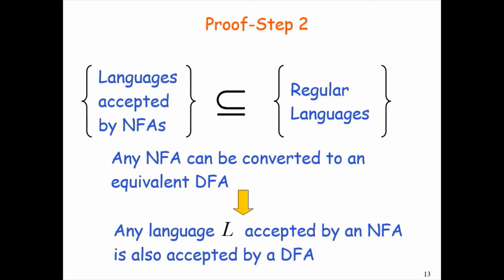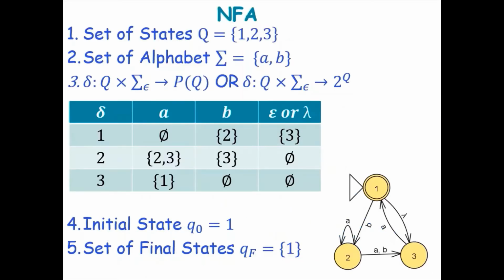The second step is to prove that any NFA can be converted to an equivalent DFA. For this step 2, we have to do some work. As we have to convert an NFA to an equivalent DFA, we will see how we can accomplish that.